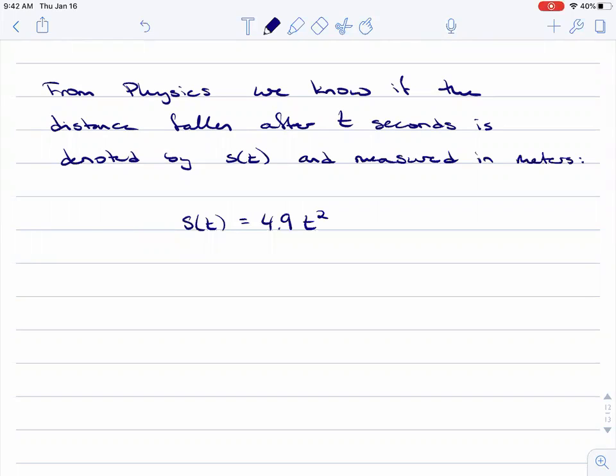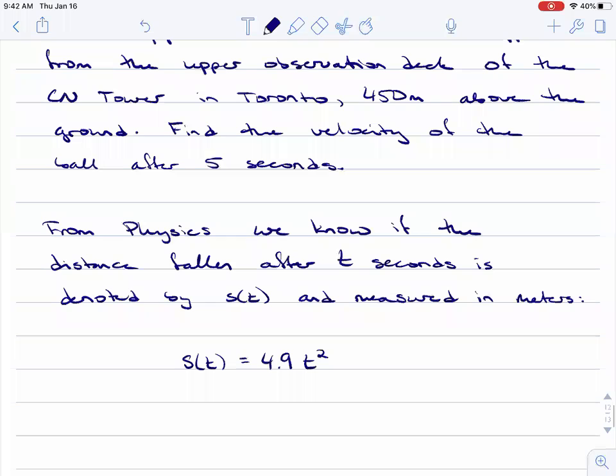So for me, I wouldn't end the problem at just find the velocity after 5 seconds, right? I would end it here instead so that you have everything that you need.